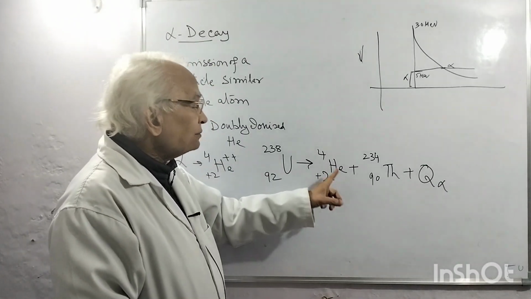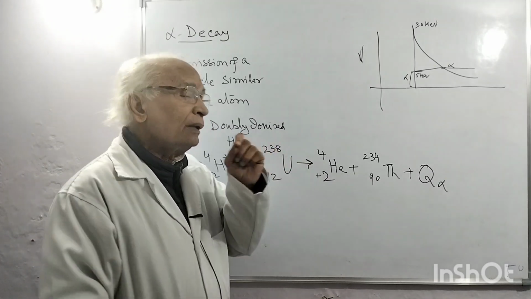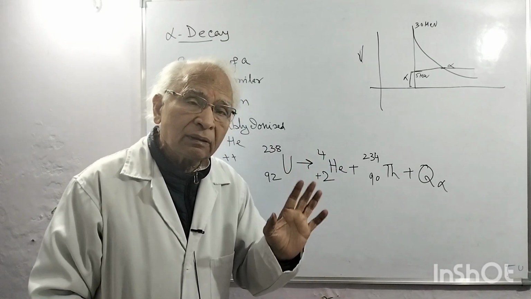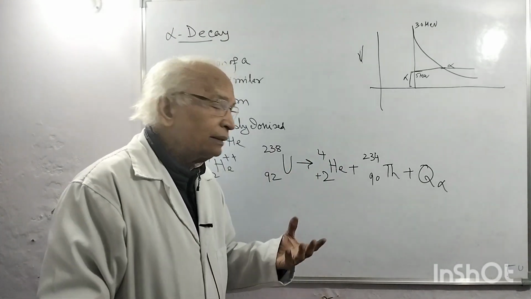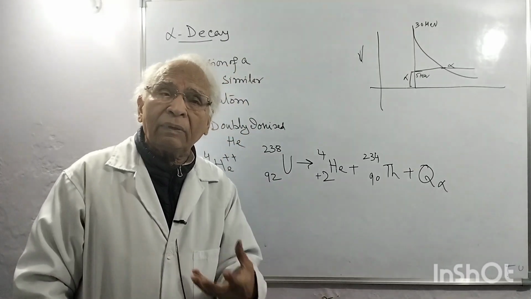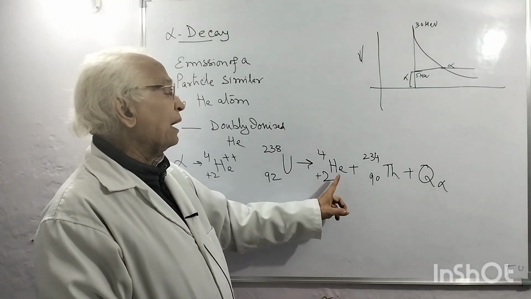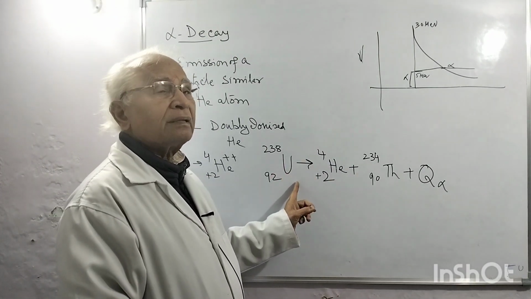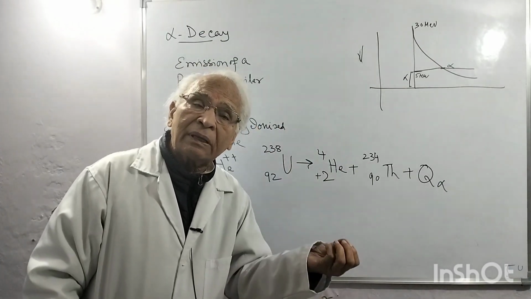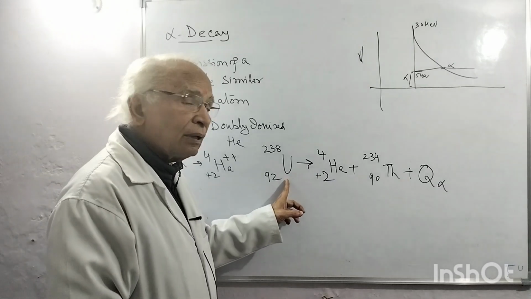So the mass loss when the alpha particle is formed inside the uranium is more than the energy required to make 4 nucleons free. As an example, about 28.3 MeV is produced, is available. 28.3 MeV of energy is evolved when the alpha particle is formed inside this, and only 28 MeV is required to make 4 nucleons free from uranium.